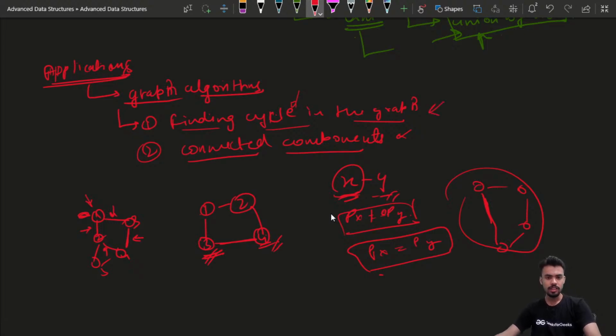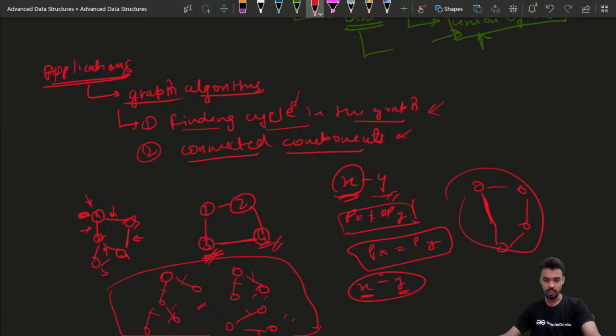In a similar way you can find the connected components. Suppose you are given some graph like this. Okay, this is a disconnected graph, but it is a graph. Now what you can do is, you are getting these edges as your inputs. So you can keep on connecting node x with node y by using the edge xy.